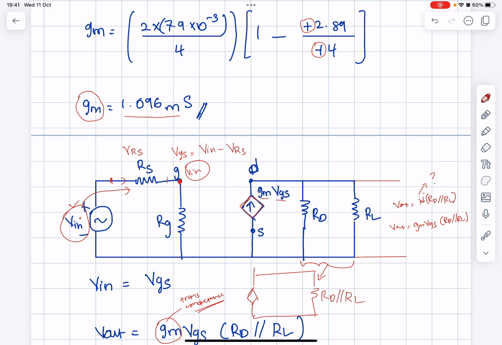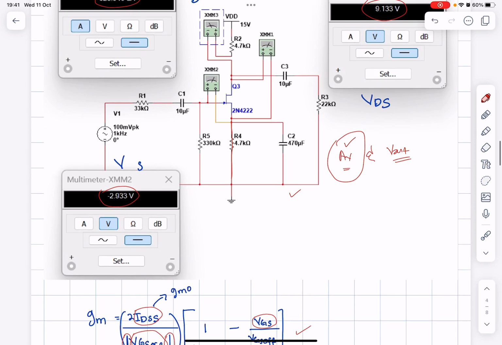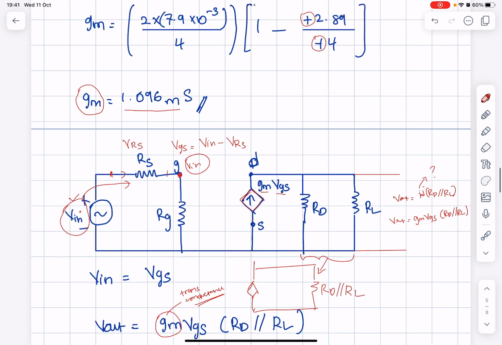Okay, so from the original circuit, I have shown you in the previous lecture how to transform this circuit into an equivalent circuit.